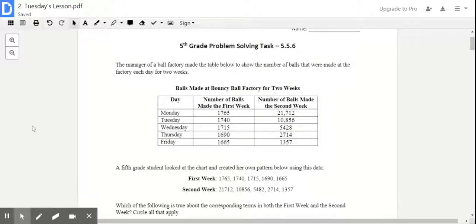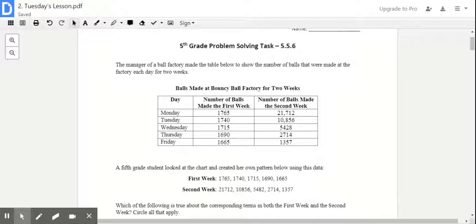All right. So before you get into the answer choices, you were supposed to look at the data given to you, look at the information, look at the numbers, and try to determine that pattern to start off. If we're looking at just the first week, what do you guys think the pattern is? They gave us the number of balls made for the first week from Monday to Friday.